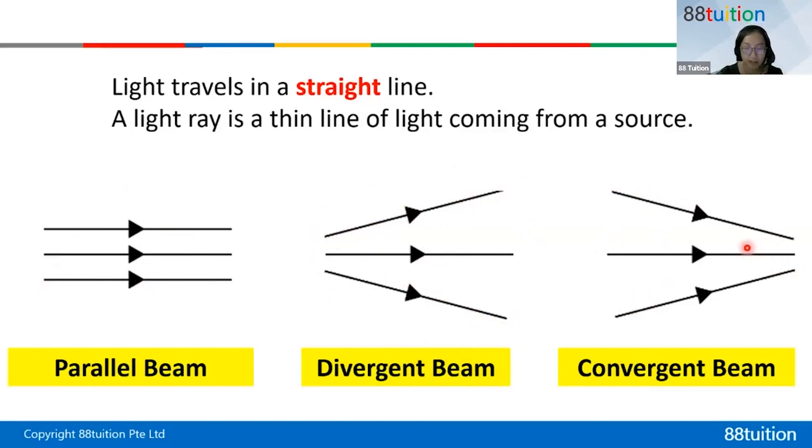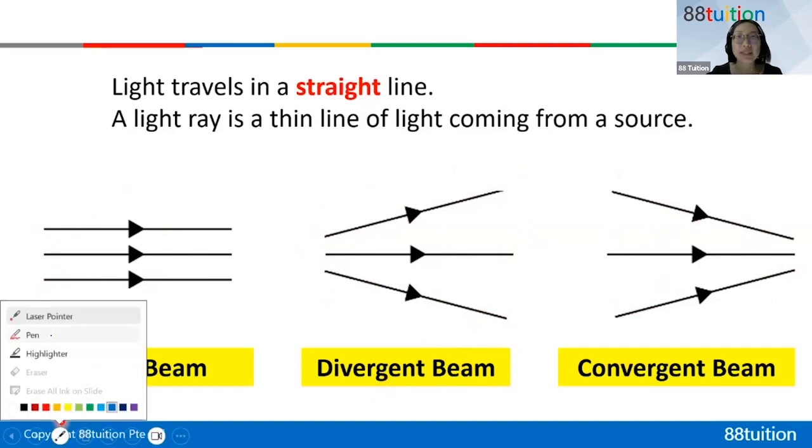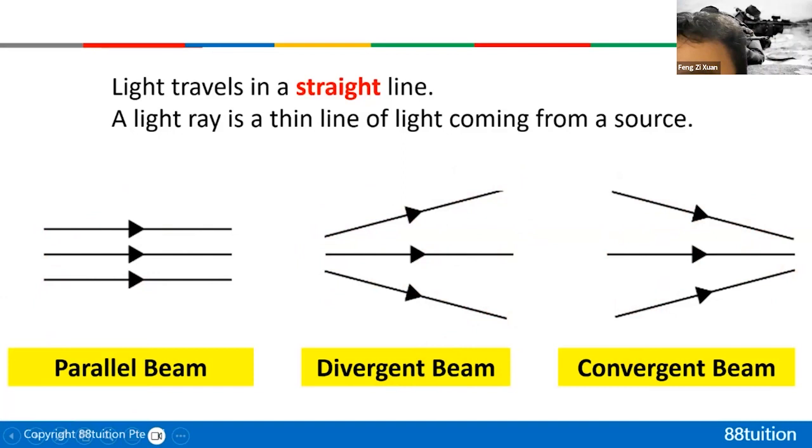Anybody wants to explain to me the difference between divergent beam and convergent beam? Unmute yourself, please. Divergent beam is like light is going everywhere, but for convergent beam, they're gathered to one place. Divergent beam is like light at a point that's being spread out. Very good, good observation.